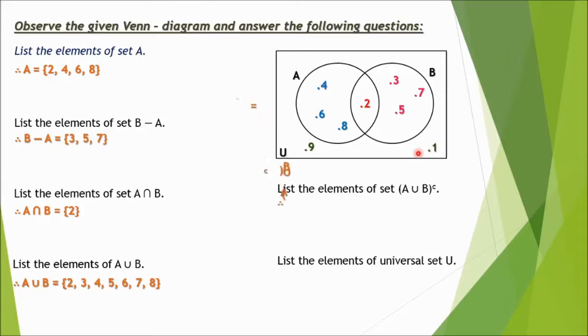Complement is 1 and 9, meaning outside the rings of A and B, whatever element is outside the rings of A and B, that is A union B complement. And the universal set is each and every element inside the rectangle. This is studying a Venn diagram and answering the questions.